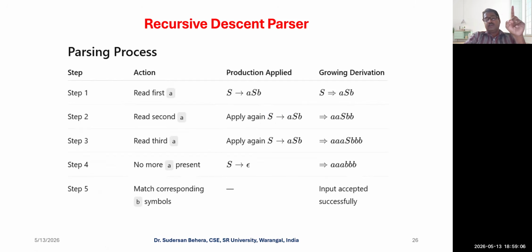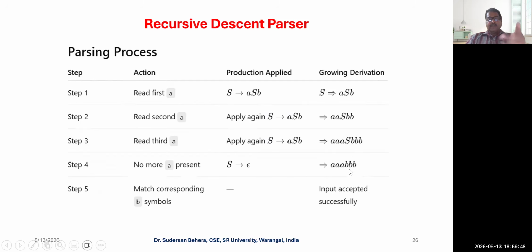So finally you get 2 As in the derivation, followed by capital S, followed by 2 Bs. When it reads A the third time, it applies the same thing again and calls S again. So finally it gets 3 As followed by capital S followed by 3 Bs. Now, to match the B, it applies S as epsilon, and finally gets A A A B B B. Whenever it reads the first B in the input buffer, it is matched with the first B in the sentence generated by the grammar.